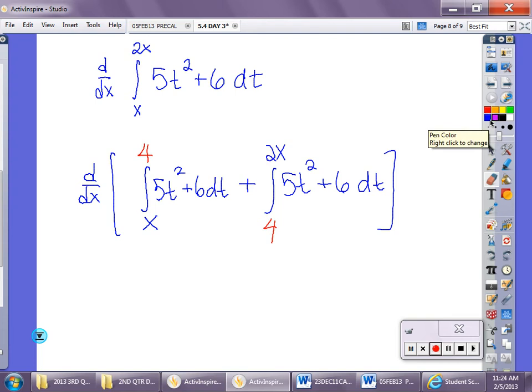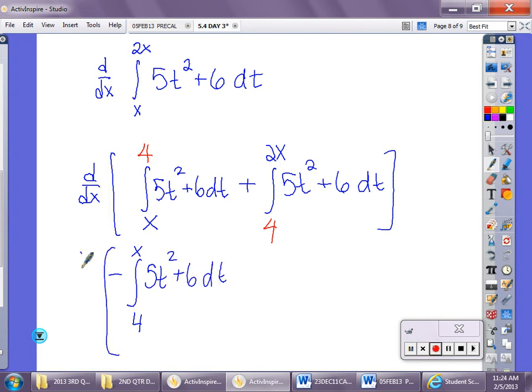So then you just use the rules that you learned a second ago. This one, Danny, what was wrong with it? You're going to negate it, so I'm going to flip that guy from 4 to x of 5t squared plus 6 dt. And then this one is okay, but instead of doing this in 2 lines, I'm going to even say that when you find the derivative of terms, you can just do the derivative of the pieces. So I'm going to actually write the derivative over here also.